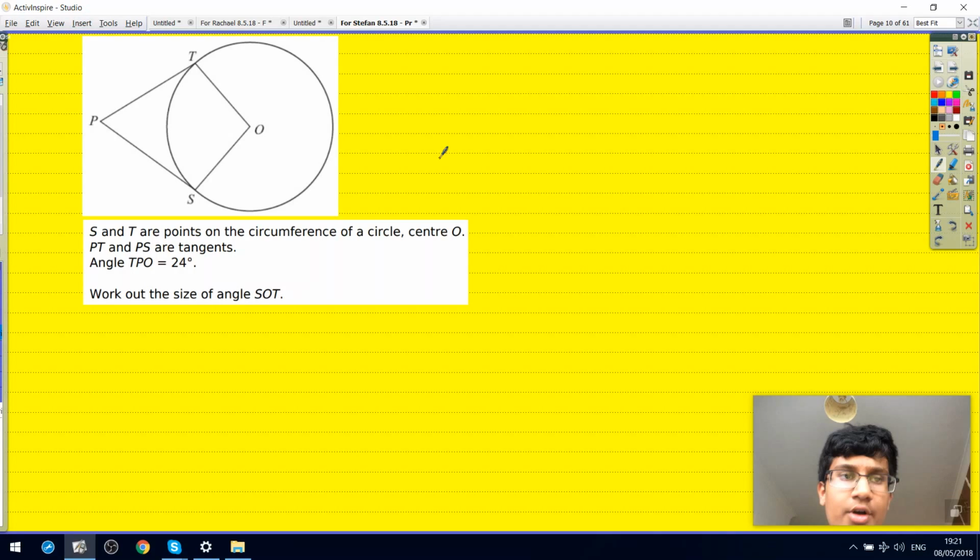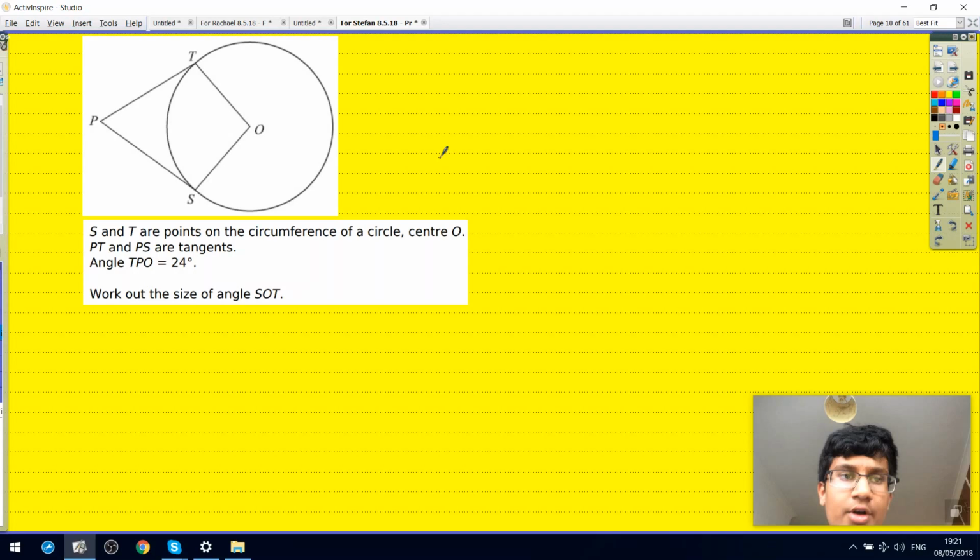And because there are two tangents that come at a point, we know that the angle OPS would also be 24 degrees. And because there are two 90-degree angles, we can just work out one of them. So let's say TOP.